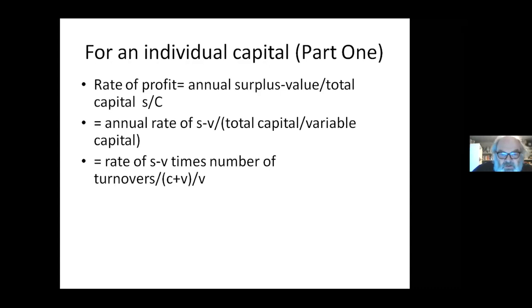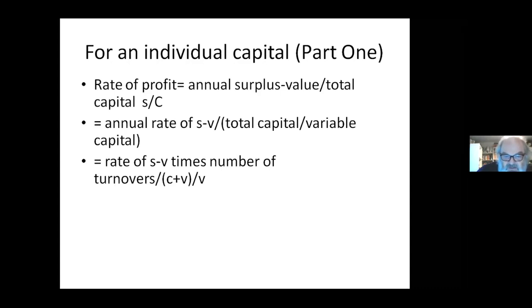Now, why should we do that? By doing this, it allows us to see the different elements that go into making up the rate of profit. So the annual rate of surplus value is the rate of surplus value times the number of turnovers in a year.